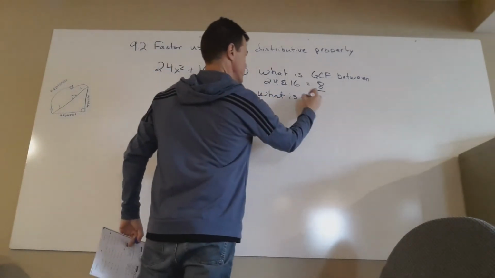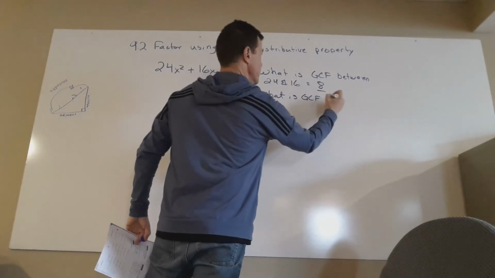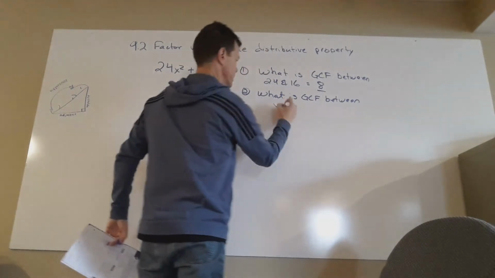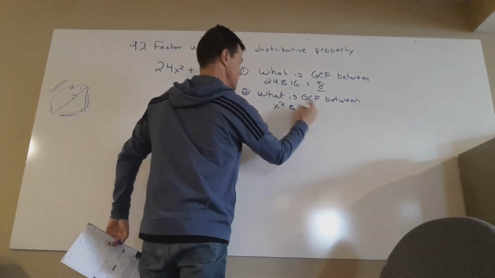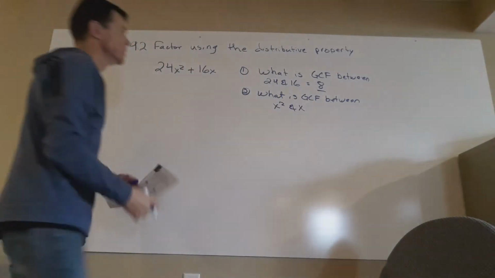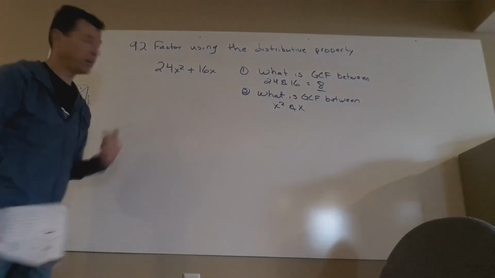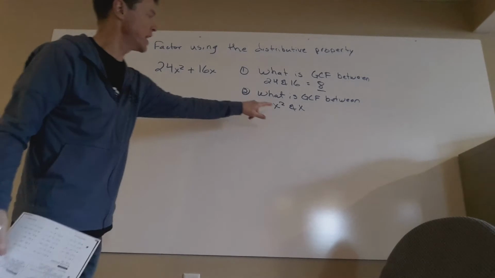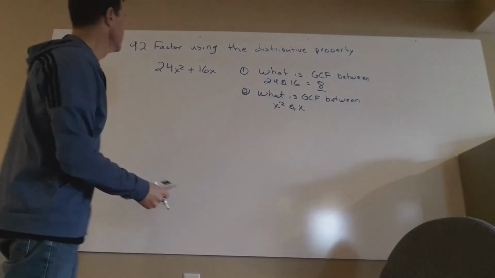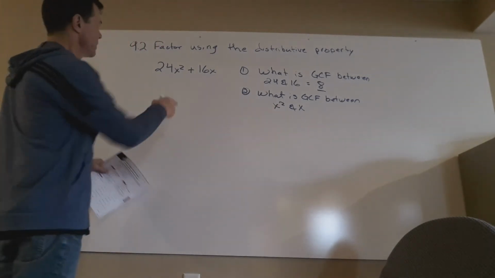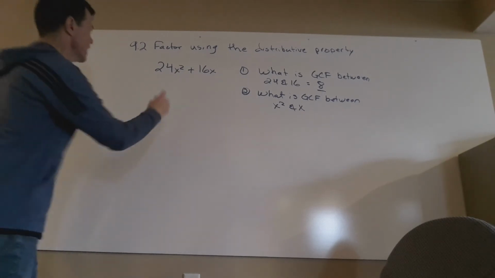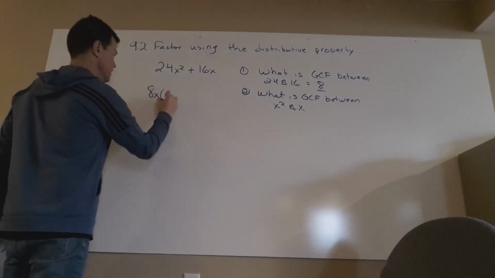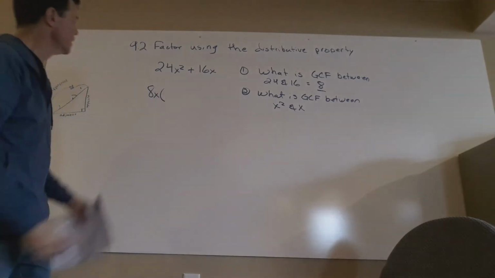What is the GCF between x squared and x? We did this in our last section, and you can just see the thing that you can take out of both of those is actually just going to be an x. So our greatest common factor between 24x squared and 16x is 8x. That is our GCF.